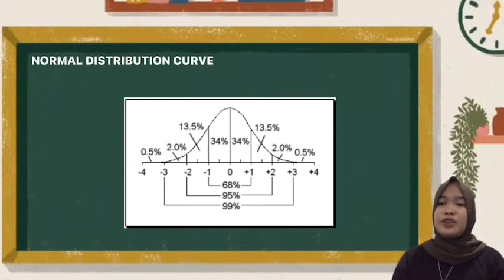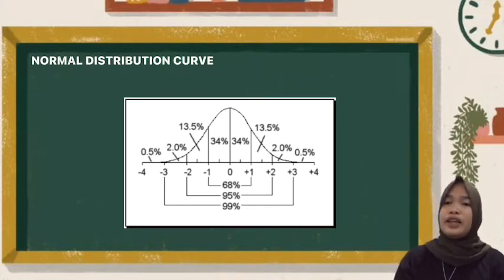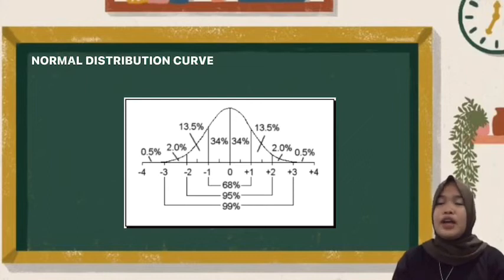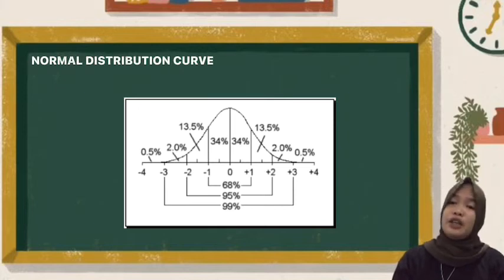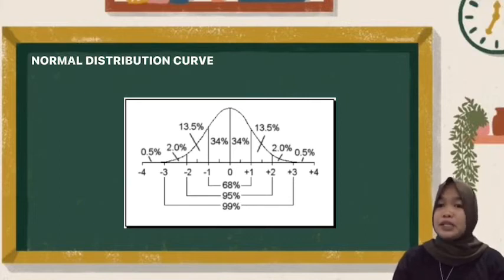So nakikita natin yung lawak ng normal distribution curve natin, yung -1 to +1, nasa 68% ng mga students yung congregated yung scores. And then, -2 to +2, nandoon yung 95% ng mga scores ng estudyante. And then, -3 to +3, doon na yung 99% ng mga estudyante mo.